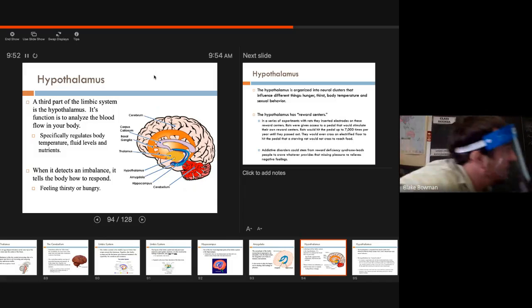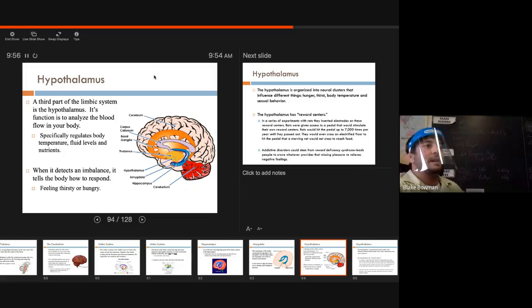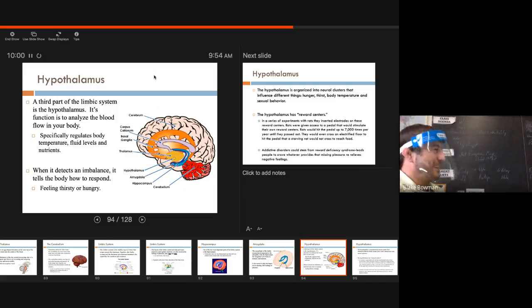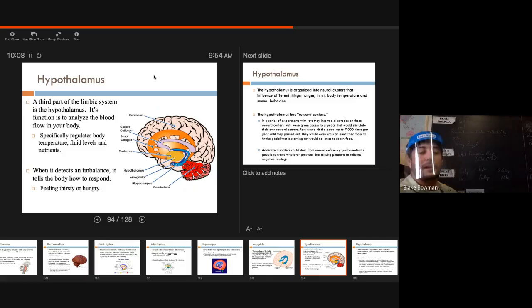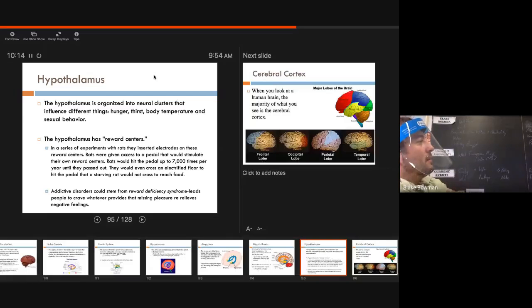There you go. So feeling thirsty or hungry, right? Feeling parched at the end of the night, it's like, oh, I gotta get some water or something like that. That happens to me a lot lately. So hypothalamus, reward centers: for the most part, just understand that the hypothalamus branches off of that brainstem.